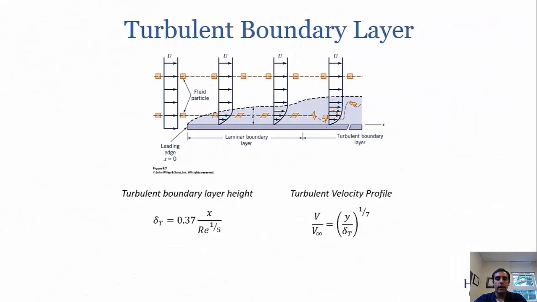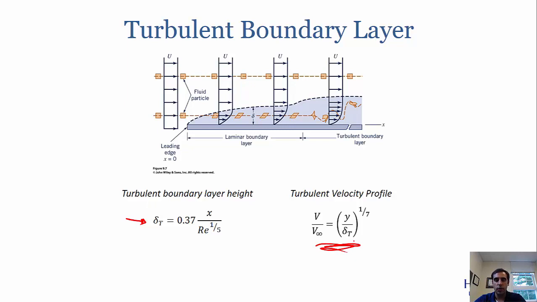Now, if the flow is turbulent, there's no analytical solution. We rely on some experimental data and some matching to that data, and you can come up with a boundary layer height that's equal to 0.37 times x divided by the Reynolds number raised to the 1/5, and the turbulent velocity profile is approximated by that 1/7 power law.